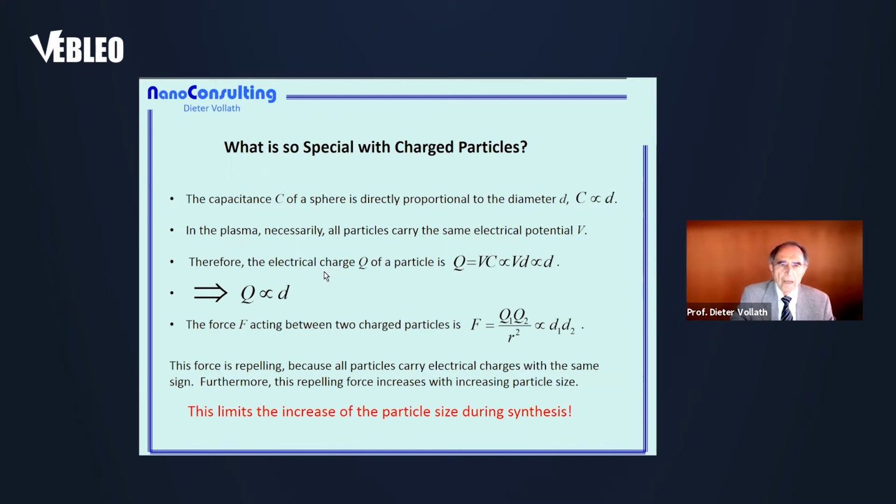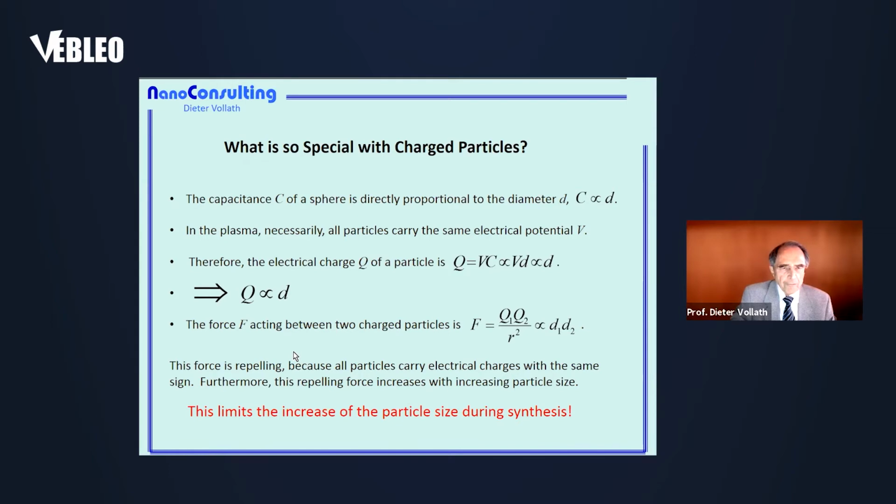Therefore, the electrical charge of a particle is, as is well known, the product of electrical potential and the capacity. And as the capacity is proportional to the diameter, the electrical charge of the particles is directly proportional to the particle diameter.